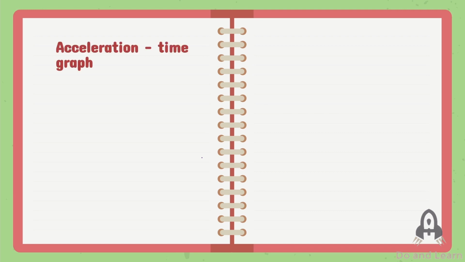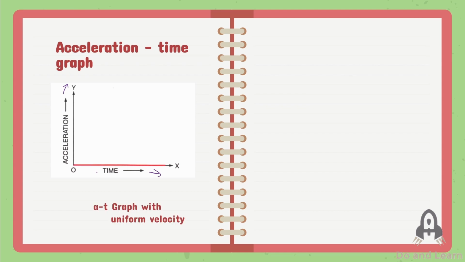Let us see what is acceleration time graph. In acceleration time graph, time is along x-axis and acceleration is along y-axis. This graph shows acceleration time graph with the uniform velocity. If an object is moving with the uniform velocity, the acceleration will be 0. So you can see the acceleration 0, time increases, acceleration still 0 only. So the graph is along x-axis.